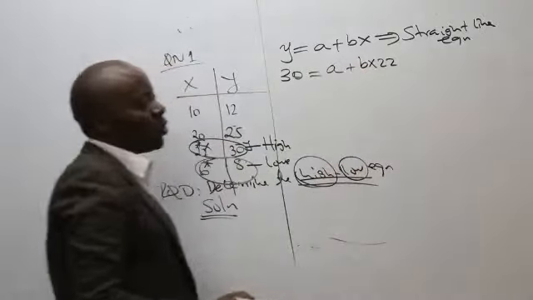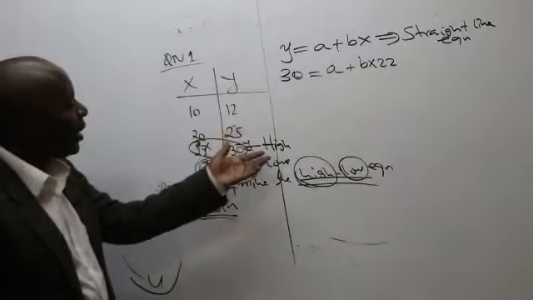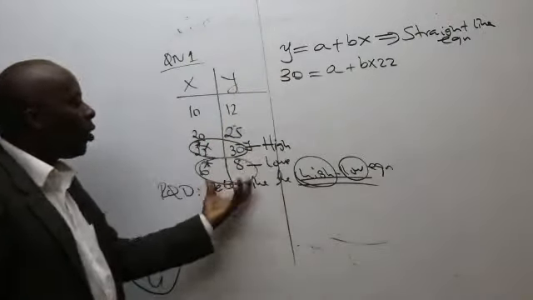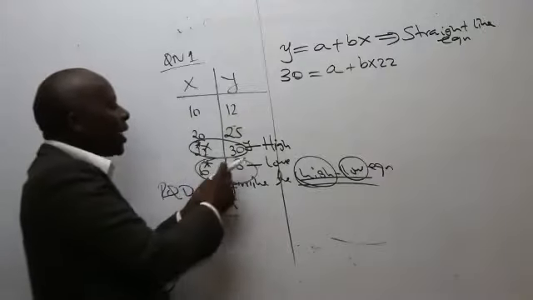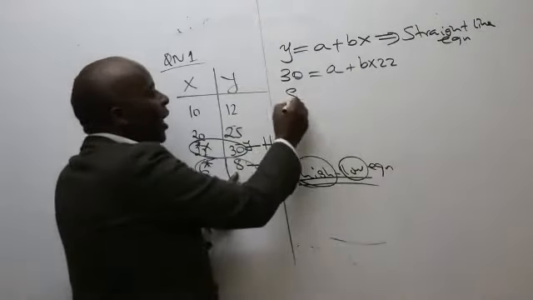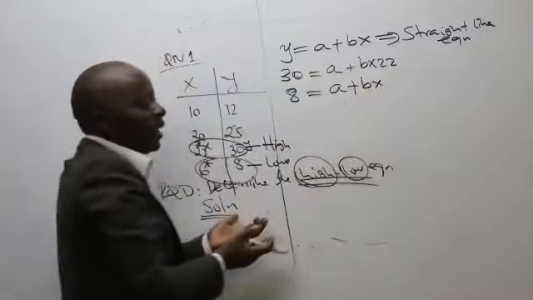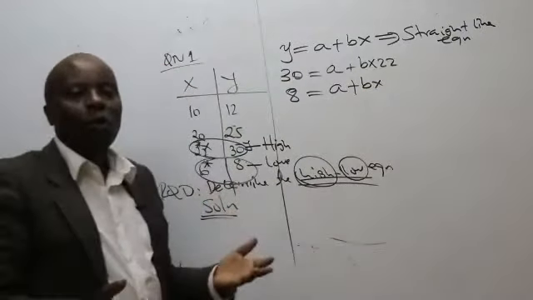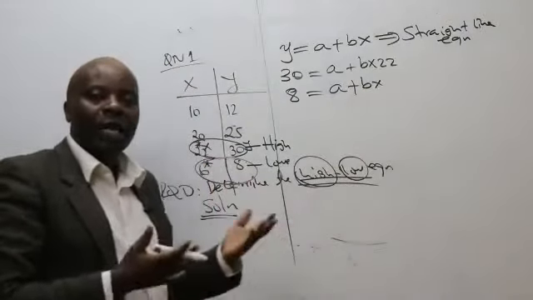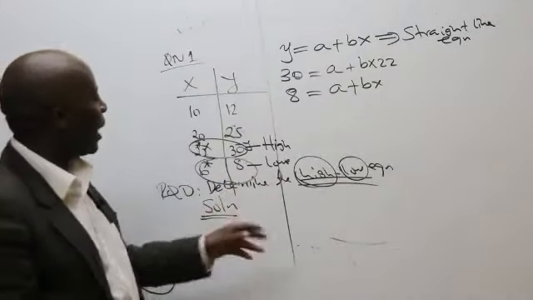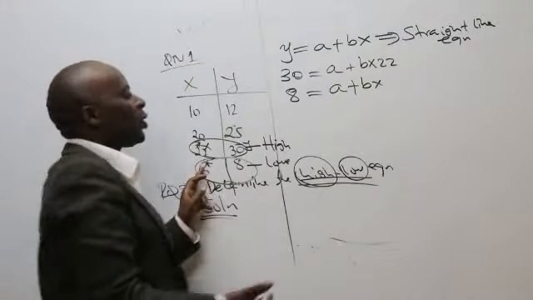Then go to the second equation and plug in the lowest x value point. The lowest x value point has y equal to 8. 8 equals a plus b. Of course, at the beginning we do not know what values a and b are in a straight line equation, but fortunately we know that x is 6.